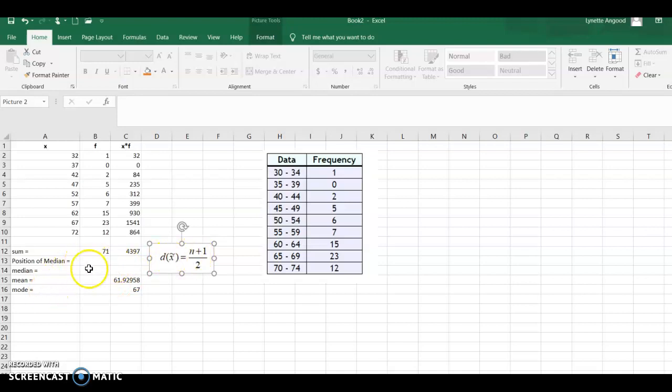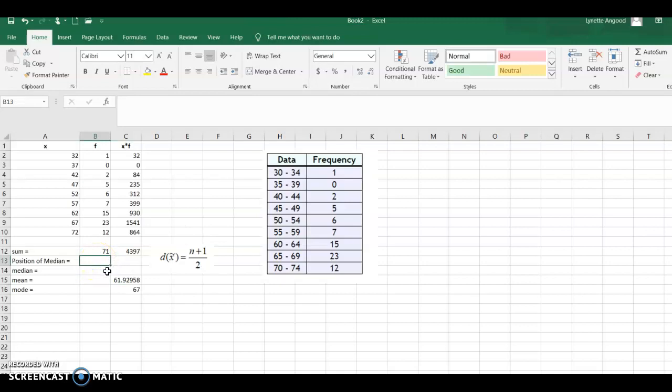We take the total number of pieces of data, add 1 to it, and then divide that answer by 2. I have to put n plus 1 in parentheses because I need to divide that answer by 2. So equals, open parenthesis, the total number of pieces of data is 71, plus 1, close the parentheses.